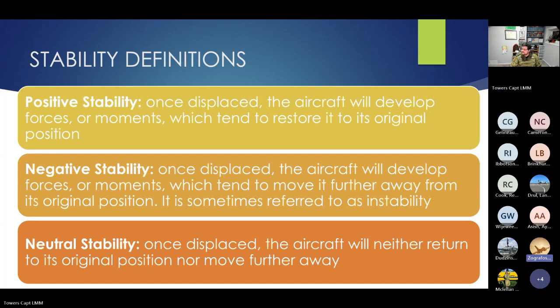One example might be through rough meteorological conditions, such as vertical winds. These definitions of positive stability are more so tied to the design of the aircraft itself. So when might you want to design an aircraft to have positive stability versus negative versus neutral? What purposes might you use each aircraft type for?